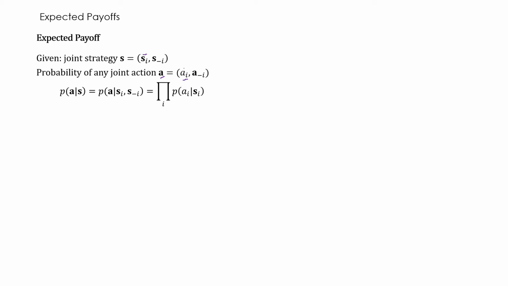Otherwise, the probability of A_i is 0, and then the probability of the whole joint action A is also 0, because it's the product of the probabilities of A_i given S_i. Now, this is not really a conditional probability; treat it as some informal notation. So in S_i, what's the probability of A_i? That's this, and the product of all those probabilities of all the actions of each agent i in A gives you the joint probability.